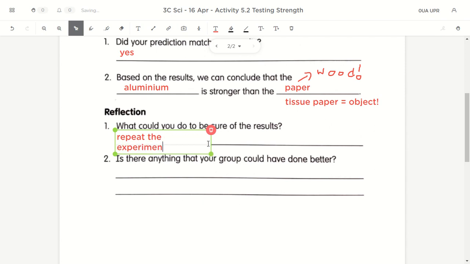But how does repeating the experiment help me to be sure that the results are really correct and accurate? When I repeat the experiment, it is for me to see if I get the same results.